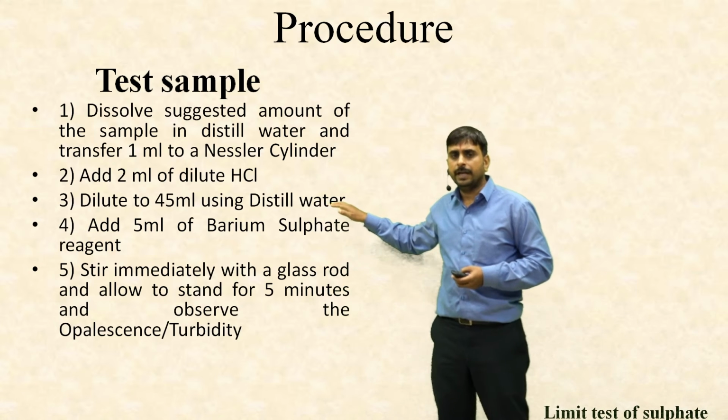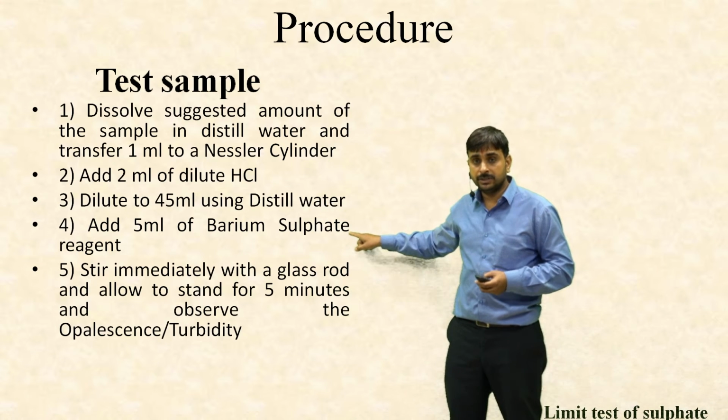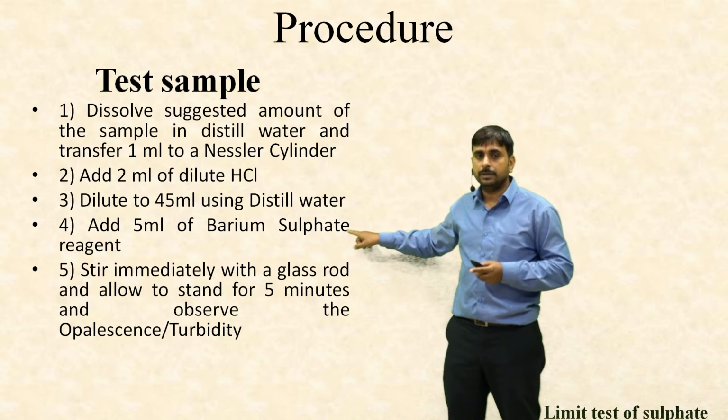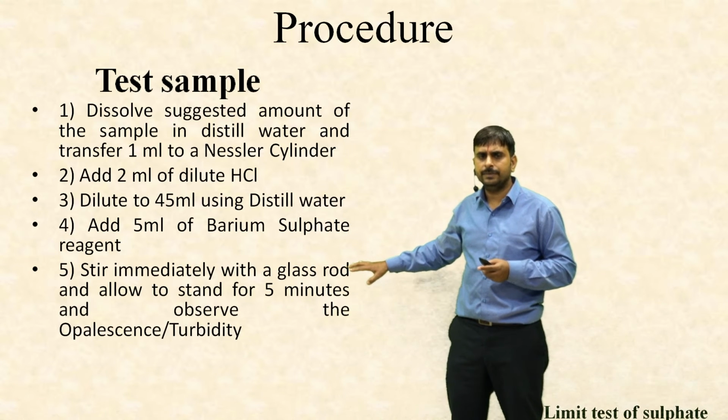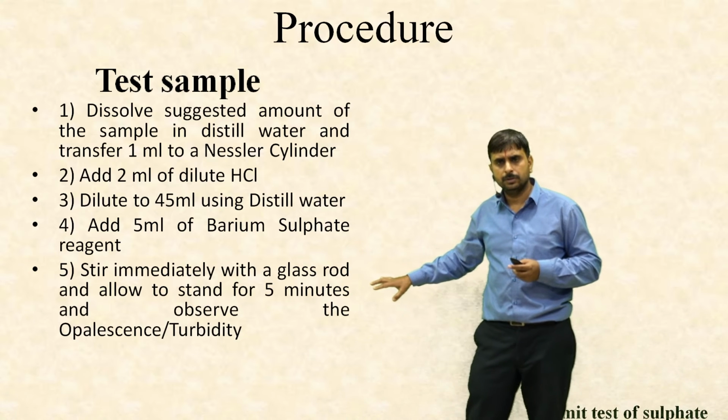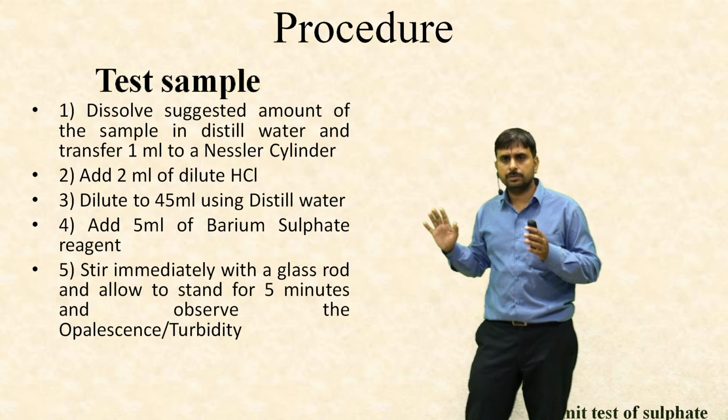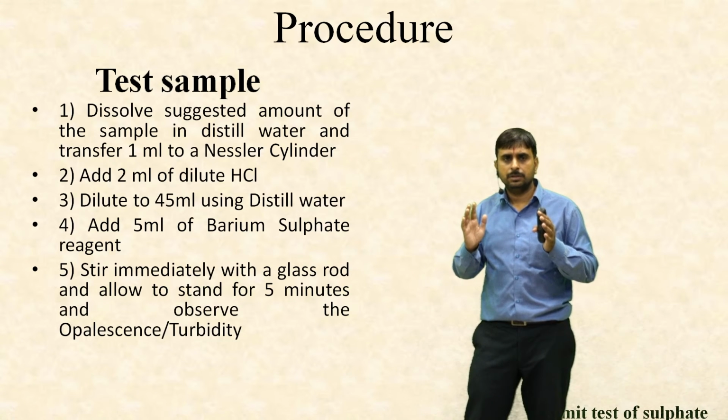We add 5 ml of the barium sulfate reagent that we prepared earlier, stir the solution, wait for 5 minutes, and then observe the turbidity. This is the procedure for the test sample.